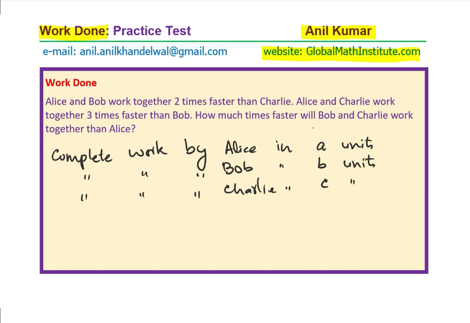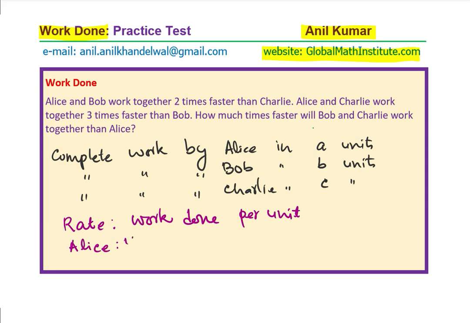Now, we have to consider how much work will be done per unit. So we have to now find the rate. Rate means work done per unit. So work done per unit for Alice will be what?